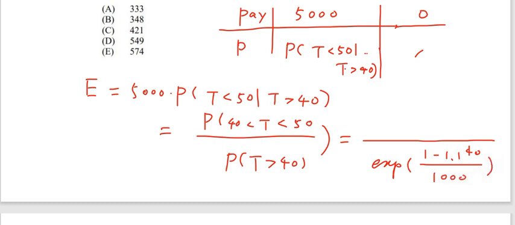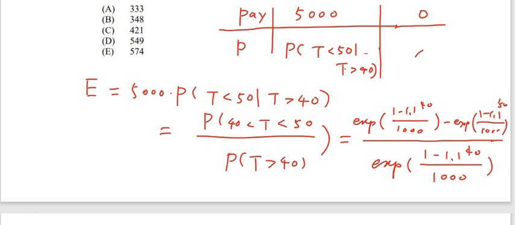So between 40 and 50 is the exponential at 40 minus the exponential at 50, with 1.150. Okay, so you should calculate. We can find this number, then multiply by 5,000.